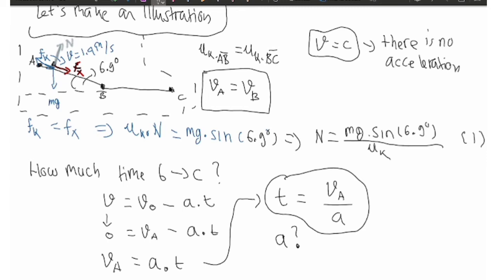Based on this picture, we can write that mg is equal to the normal force times cosine of the angle 6.9 degrees.